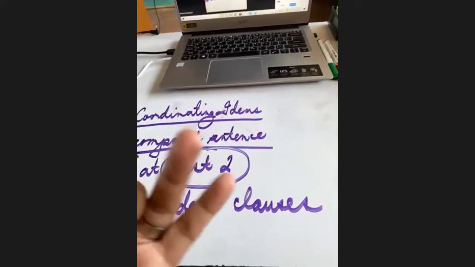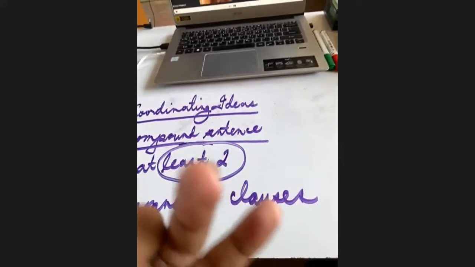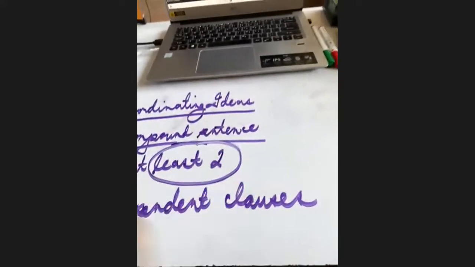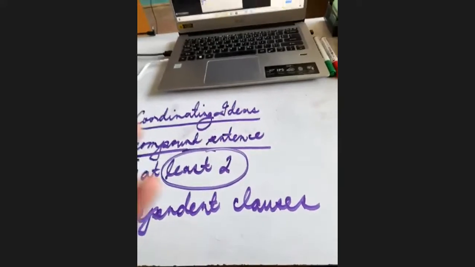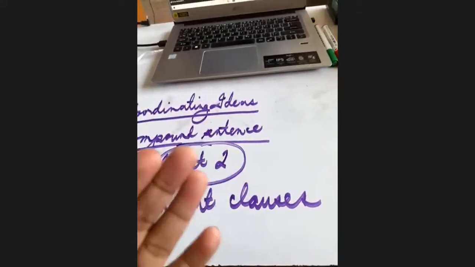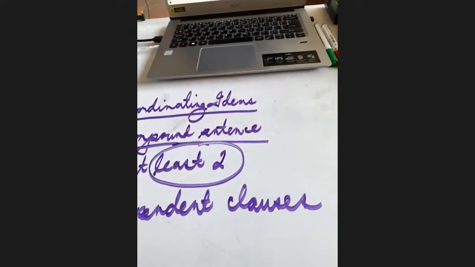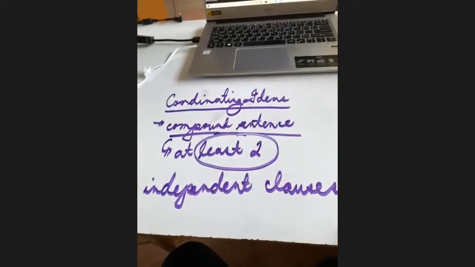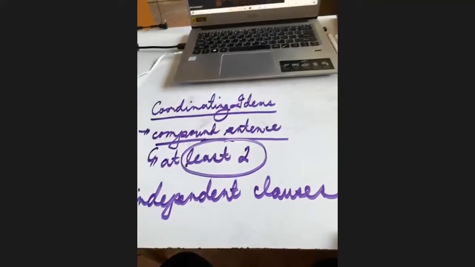The third requirement is that the group of words with a subject and a predicate must have an idea which could be complete or incomplete. If the idea in that group of words happens to be complete, then what you have there is an independent clause. But if the idea is incomplete, then the clause is a dependent clause.